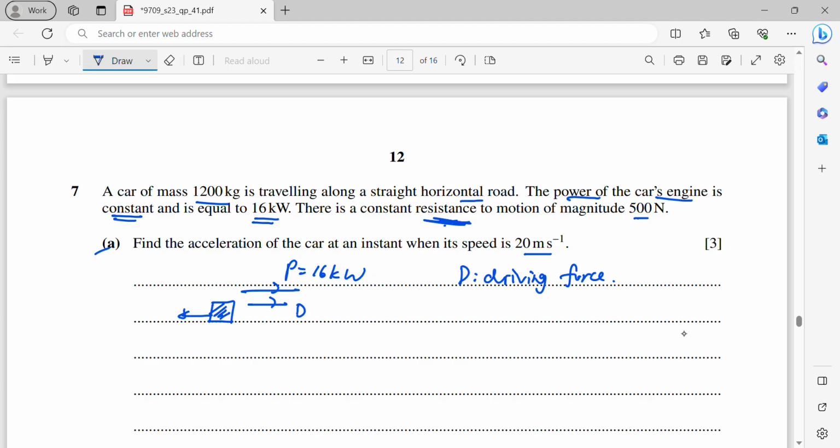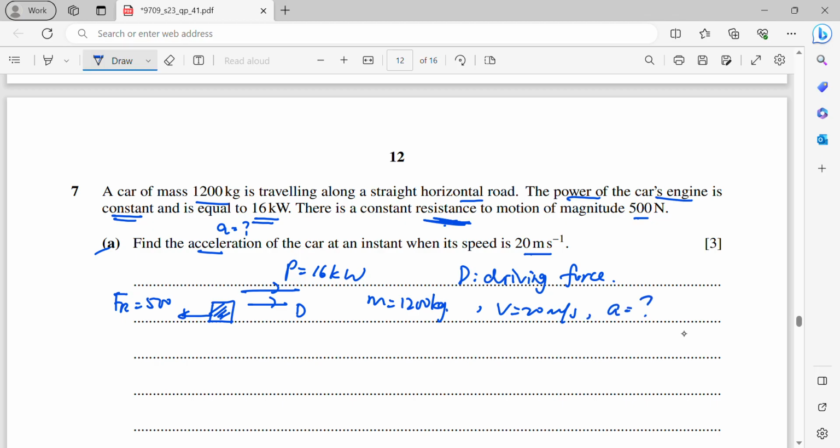So since the D is moving right side, the resistance will be 500. So this is Fr. Alright, and then the mass M equals to 1200 kilograms. Find the A, acceleration, when the speed is 20. So the V equals to 20 meter per second.